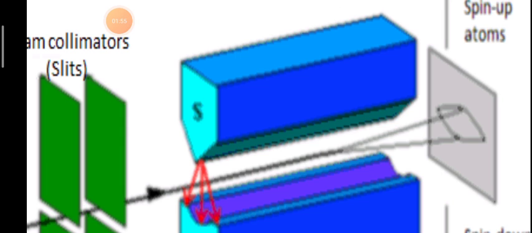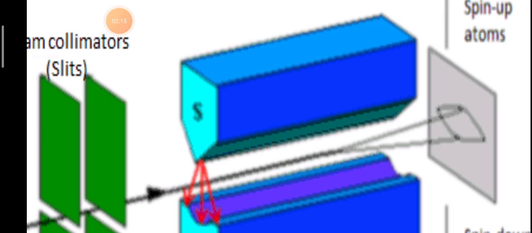What is the purpose of taking electromagnets of this shape? Here we are going to study the behavior of silver atoms in a non-homogeneous magnetic field. The magnetic field strength should not be uniform.